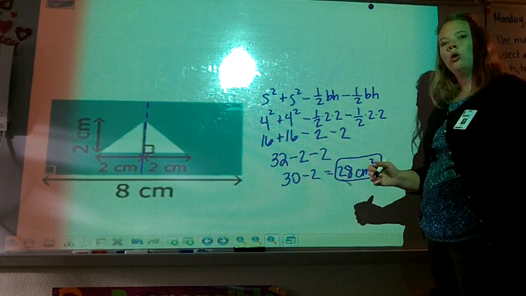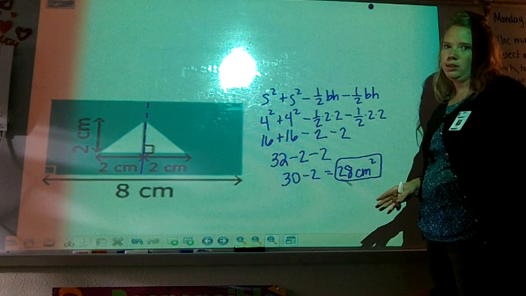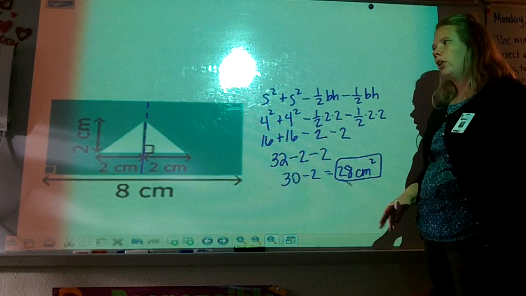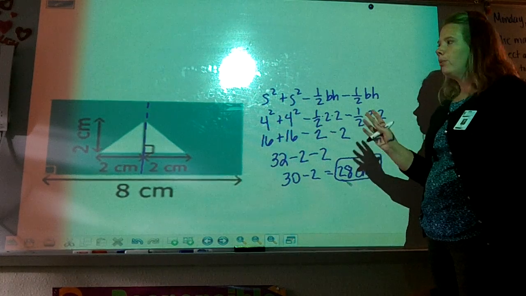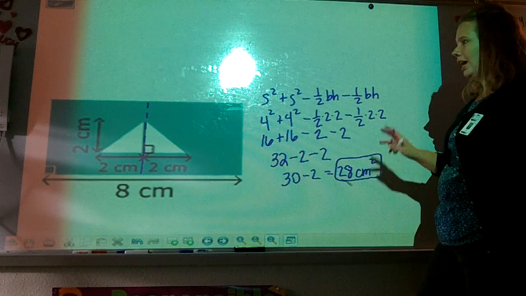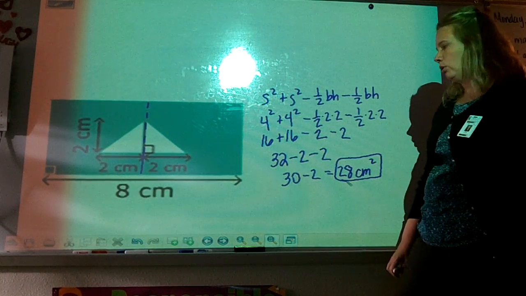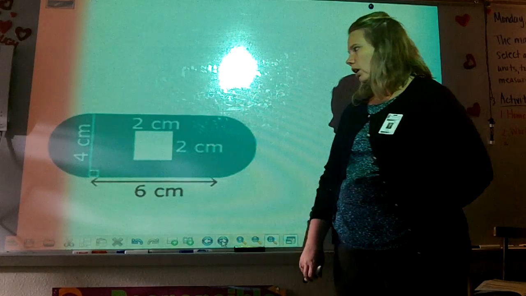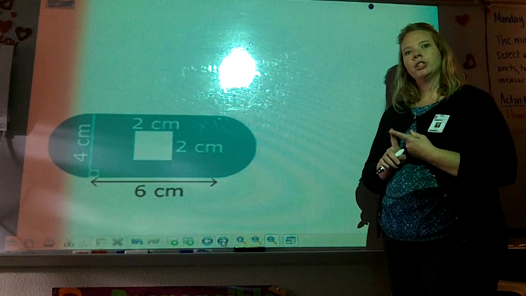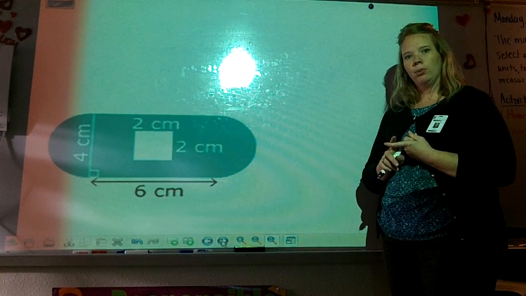Okay, so if you had no problem following along with this, that is awesome. If you did have a little bit of trouble following, rewind it. It's okay. Rewind it and just start again and follow along until you get it. The next problem I'm going to have you do by yourself. When you look at this problem, I need you to first identify the smaller shapes that make up the bigger shape.